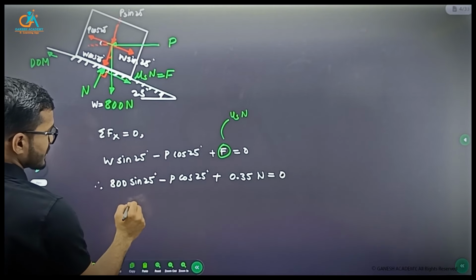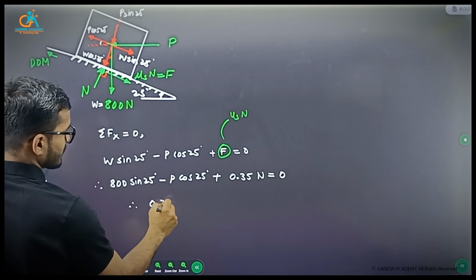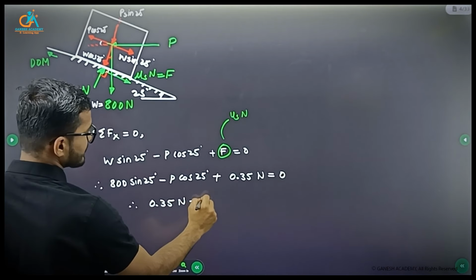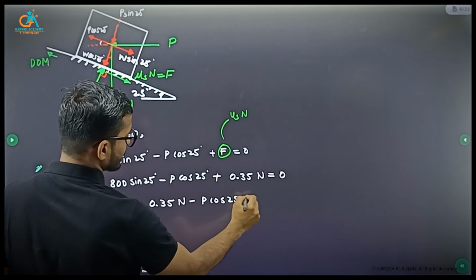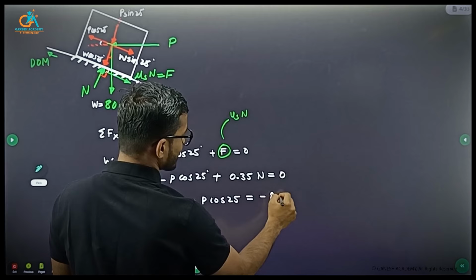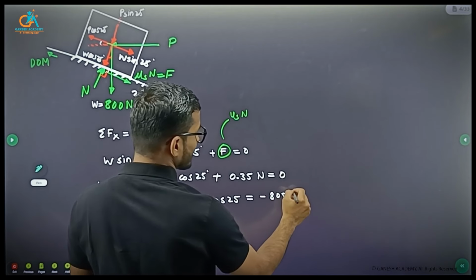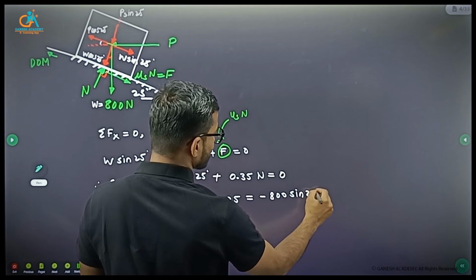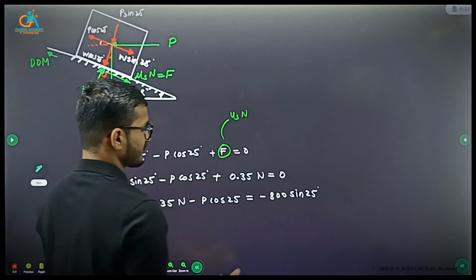So rewriting this equation, 0.35 N minus P cos 25, and this 800 sin 25 we can write on the right hand side as minus 800 sin 25.